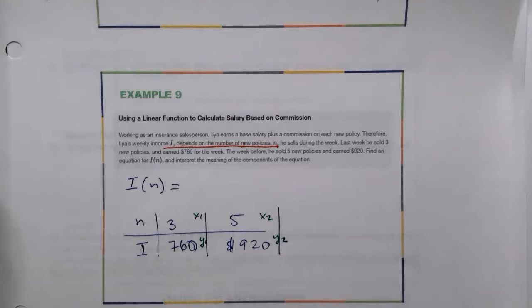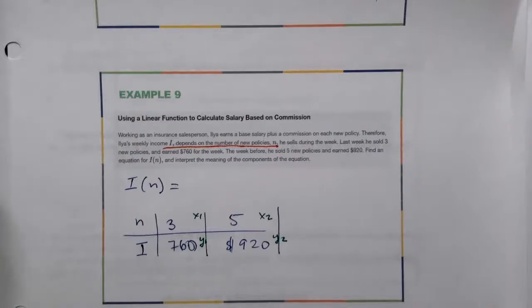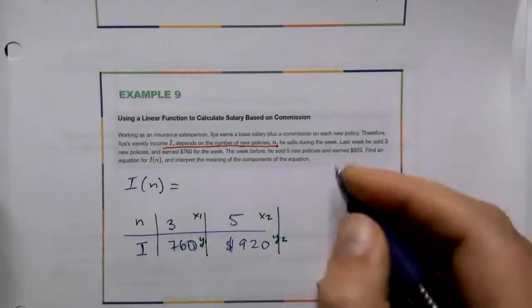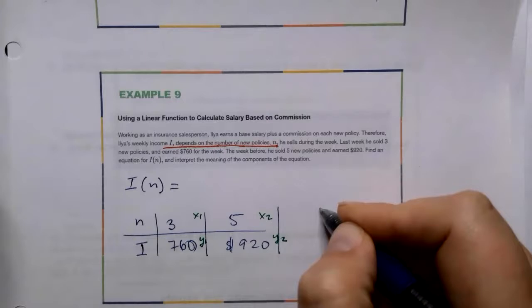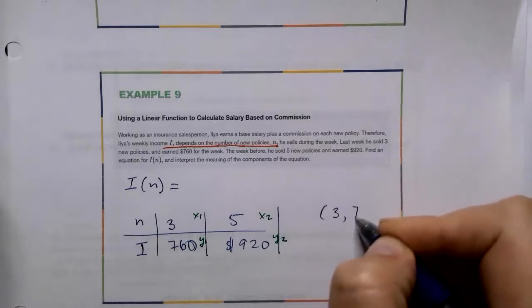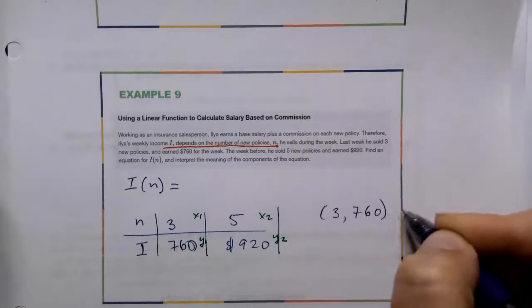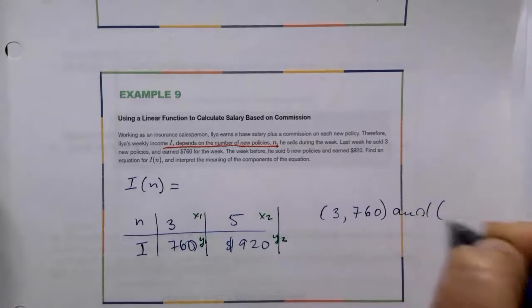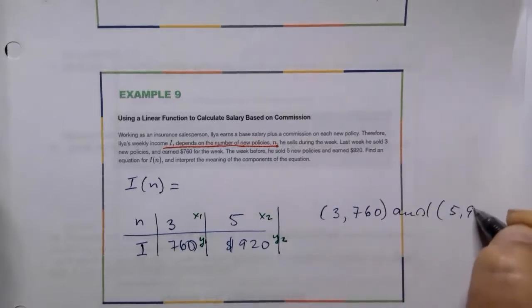Remember that problem that we did with the population growth? Same thing. They gave us 2 snapshots in time. Okay, so we have 2 pairs of x and y values. We have (3, 760) and (5, 920).